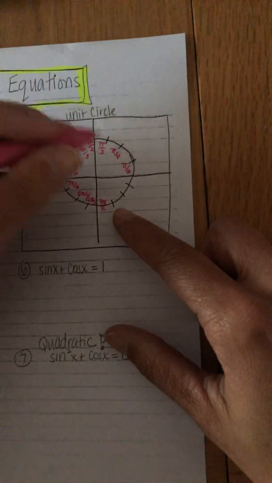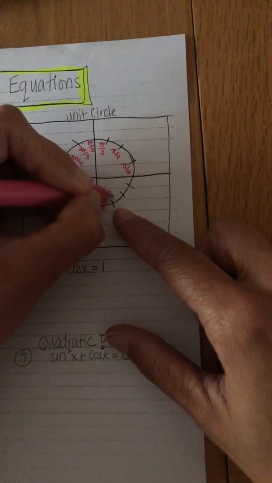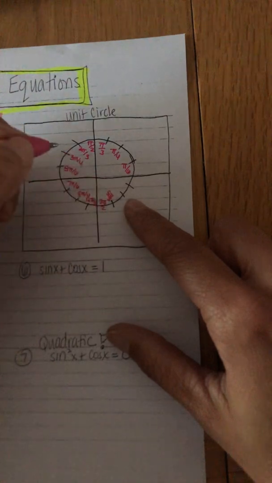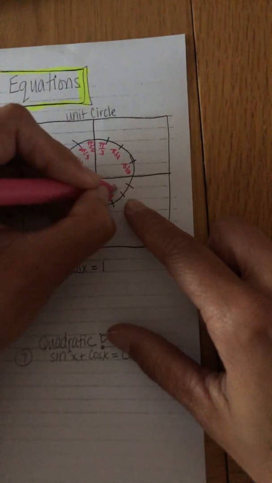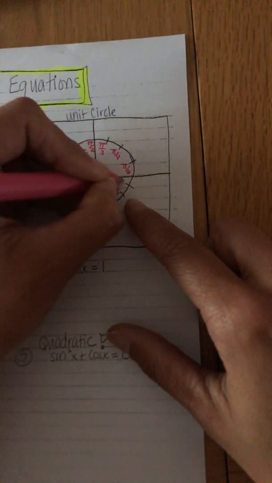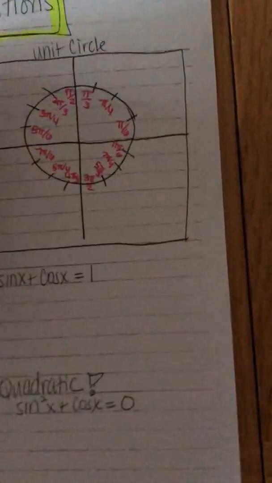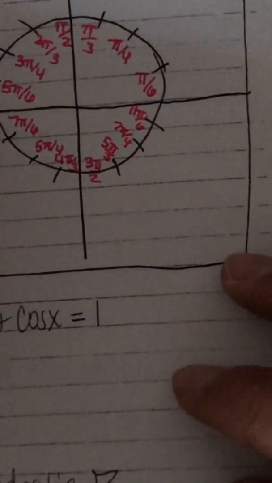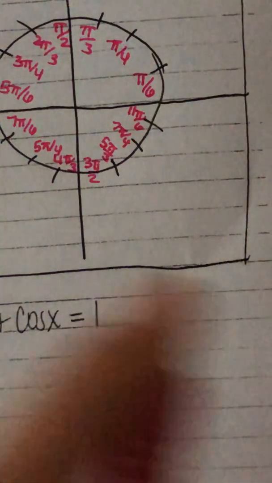That's 5 pi over 3, and then 7 pi over 4, and then 11 pi over 6. I know I wrote that really small, but I said it out loud, so hopefully that's enough.